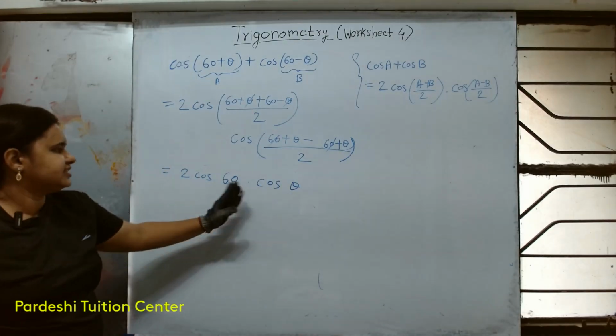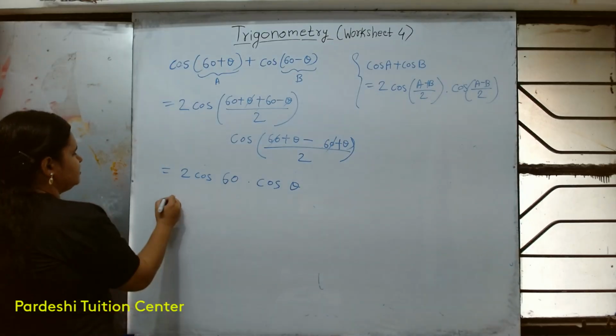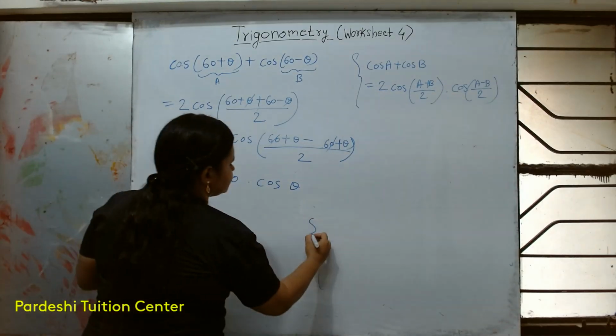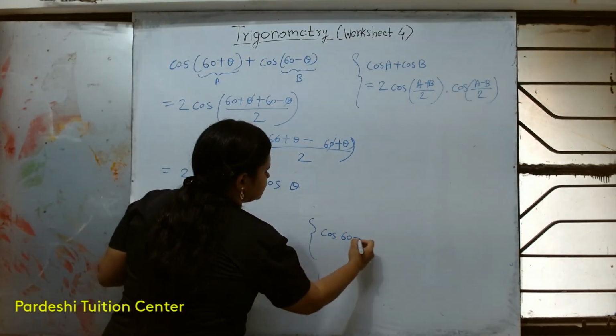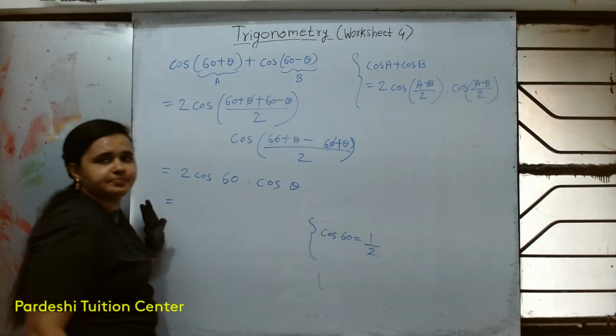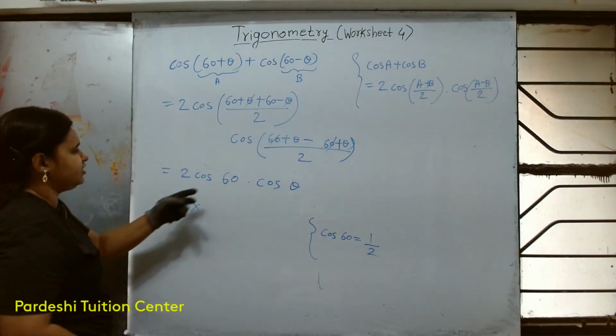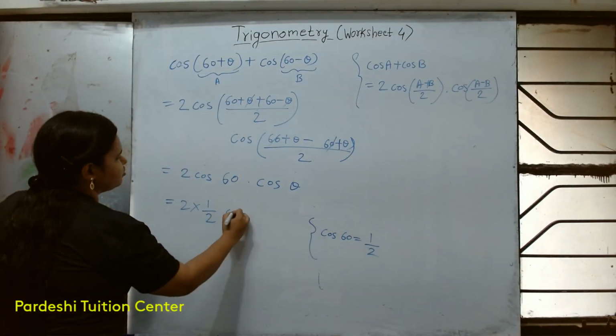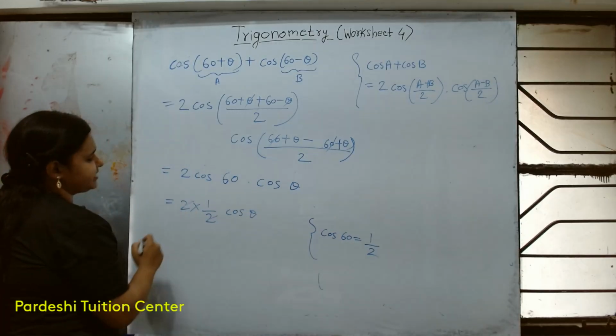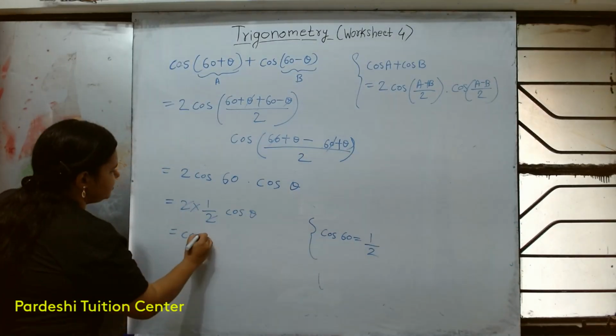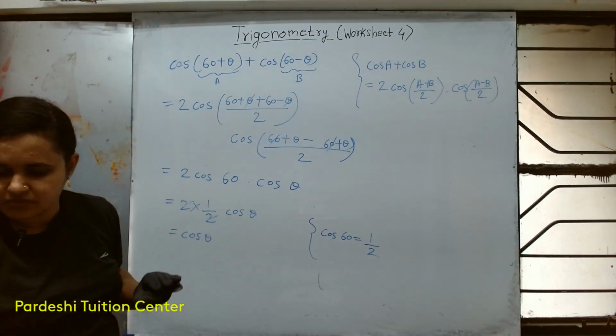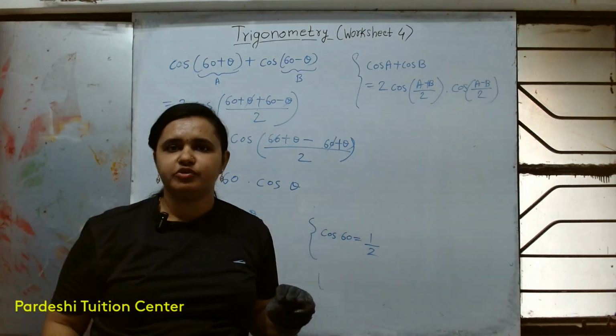So 2 cos 60 cos theta. The value of cos 60 equals 1 by 2. So we put the value of cos 60 as 1 by 2 into cos theta. The 2 will get cancelled and the answer will be only cos theta. So our answer is option number 4, cos theta.